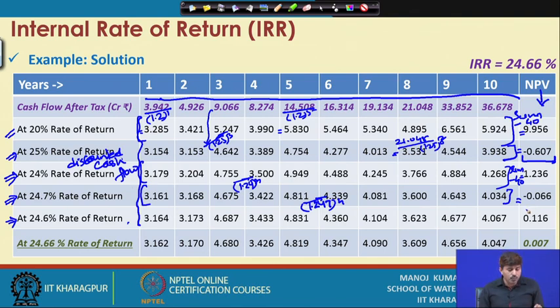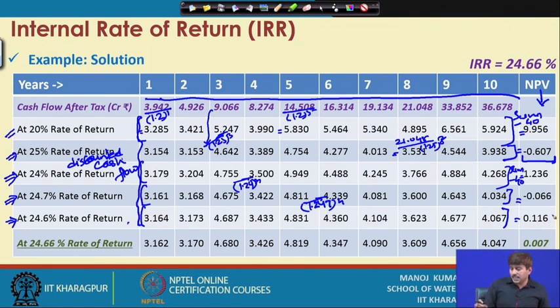So, reduce by 0.1% and see what is happening. When we discount all of them by 1.246 to the power n, what we see here is that the NPV is 0.116.